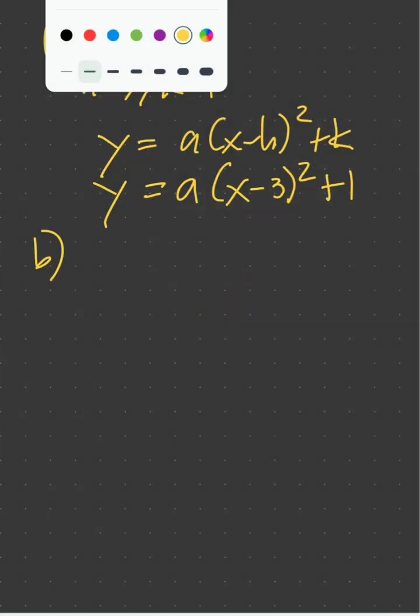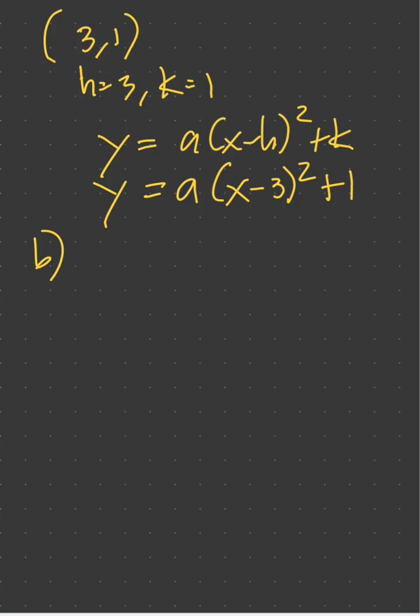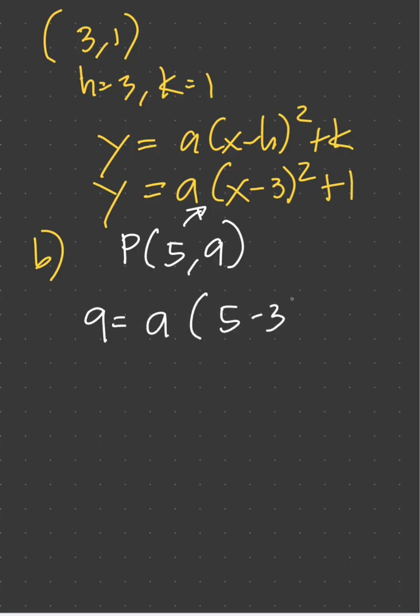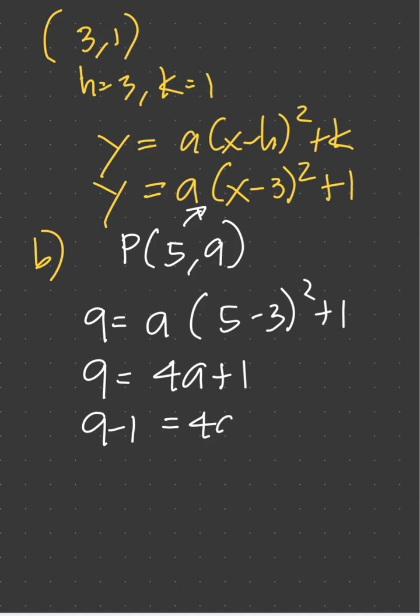We just plug in the value of x and y from point P. So we plug into the equation: 9 equals a times (5 minus 3) squared plus 1. 5 minus 3 is 2, then 2 squared is 4, so 9 equals 4a plus 1. Then 9 minus 1 equals 4a, 8 equals 4a, divided by 4, so a is equal to 2.